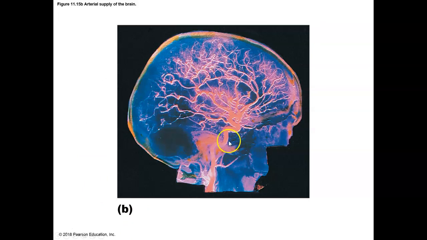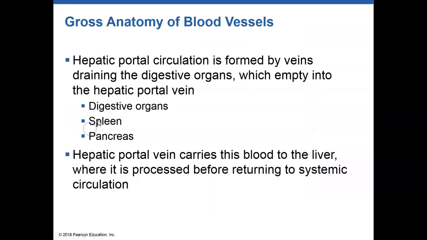And so this is just a picture of the blood flow in the brain. We have really good blood flow in the brain. The brain is highly vascular.